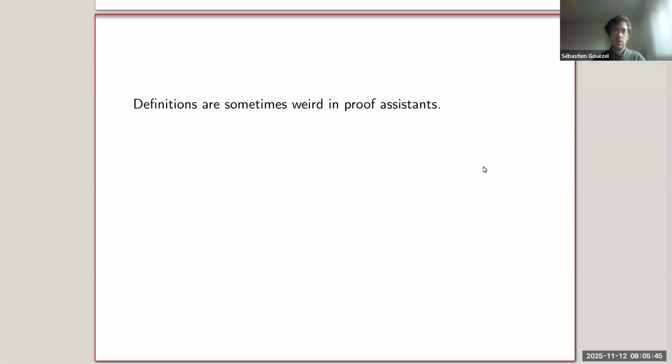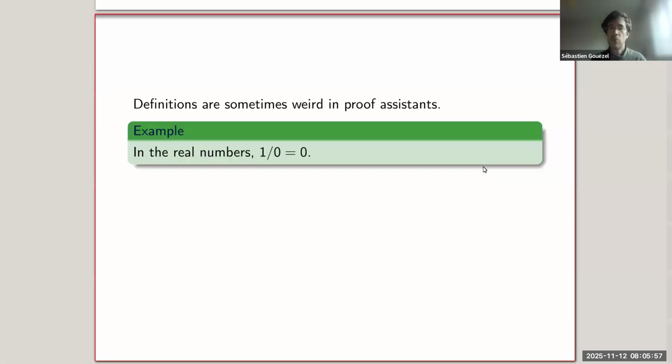So let me start with some issues with very basic definitions to show a little bit the tension I was mentioning in the previous sentences. So first example of a weird definition in a proof assistant is the division by 0. The definition you will find in books is that it's not allowed to divide by 0.